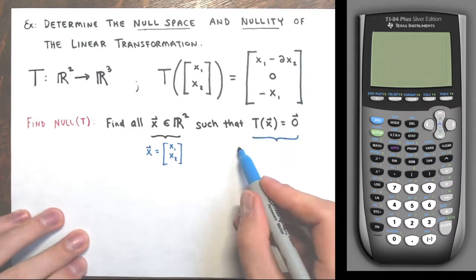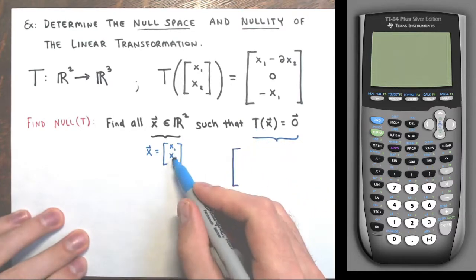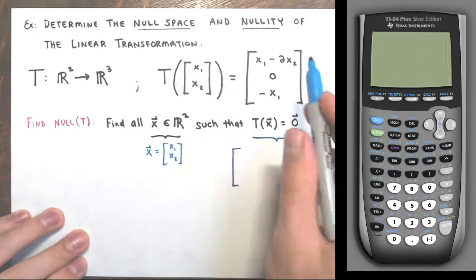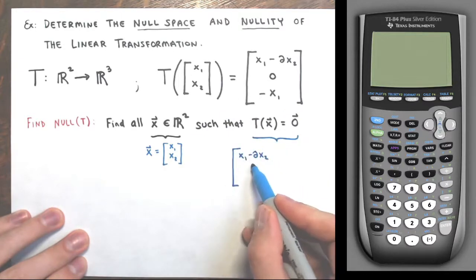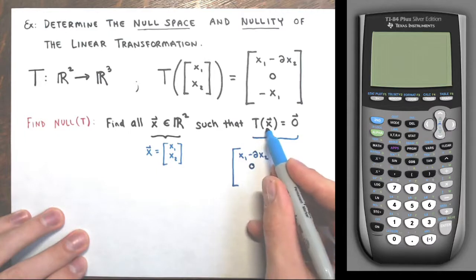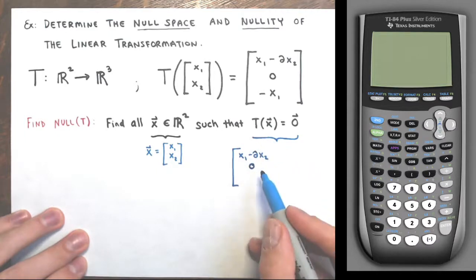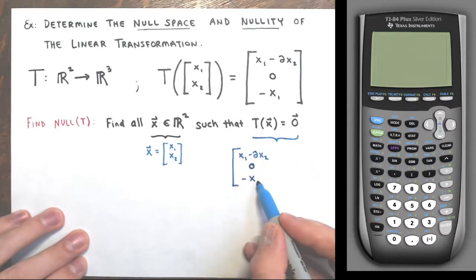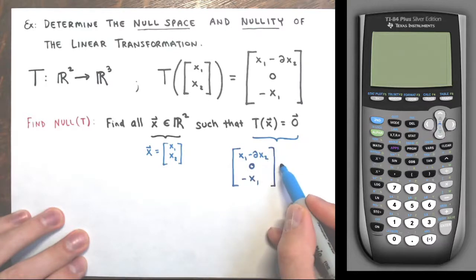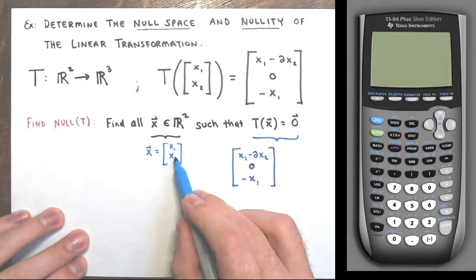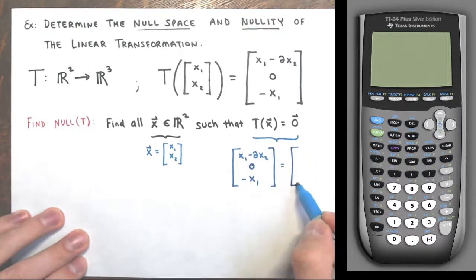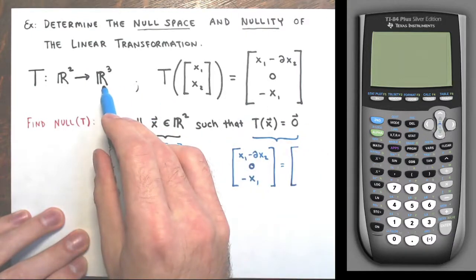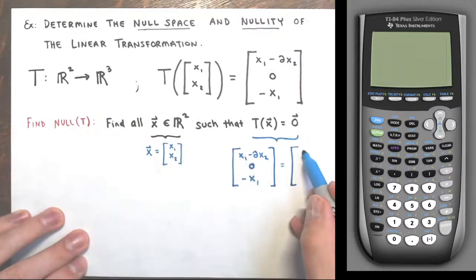Now T of x: the first component is x1 minus 2x2, the second component is 0, and the third component is negative x1. I want to know for what values of x1 and x2 I get the 0 vector as an output. The 0 vector here is the 0 vector in R3, with three zeros as components.